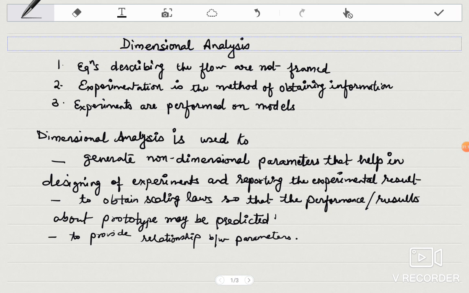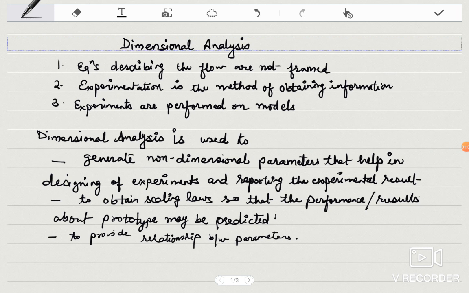The reason being that if you non-dimensionalize your equation, then it is very easy to predict the results of the experiments for different groups of values of the parameters.